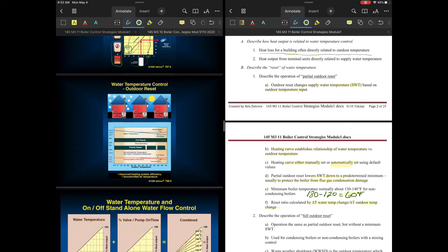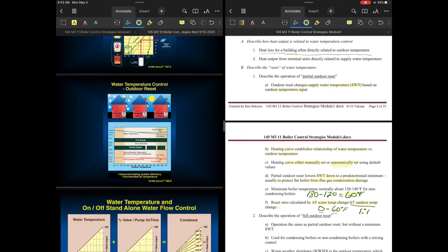On the commercial controllers that I've dealt with in the field, my typical delta T on the water temp change might have been 180 minus, let's say, 120. And that has a change of 60 degrees Fahrenheit. And then the outdoor temp change might have been an outside design temp of 0, minus, let's say the warmest you're going to run is 60 degrees.